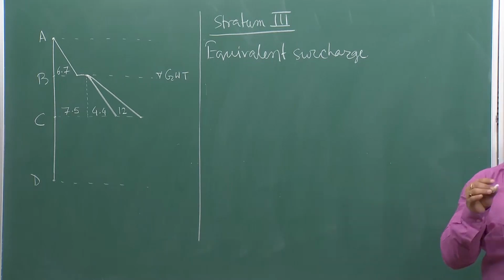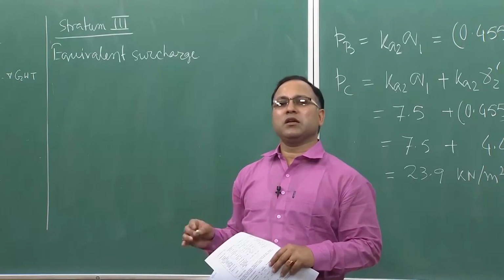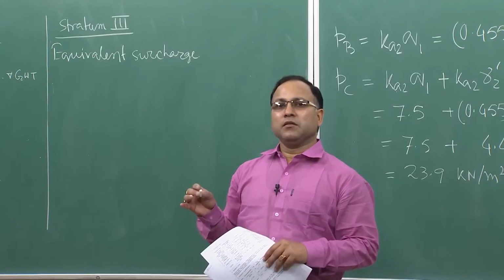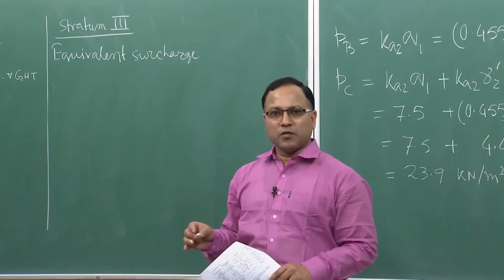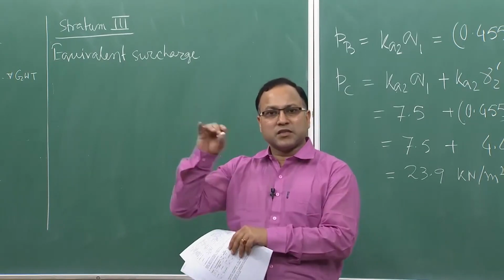Now, when you are considering stratum 3, basically your equivalent surcharge, that means on top of this stratum 3, what are the layers lying? The stratum 2 and stratum 1 both are lying on top of your stratum 3. So, that will be acting as a surcharge component.